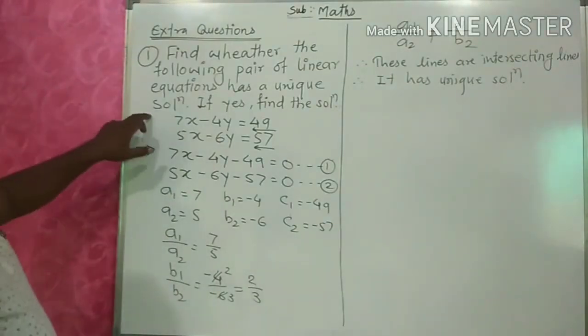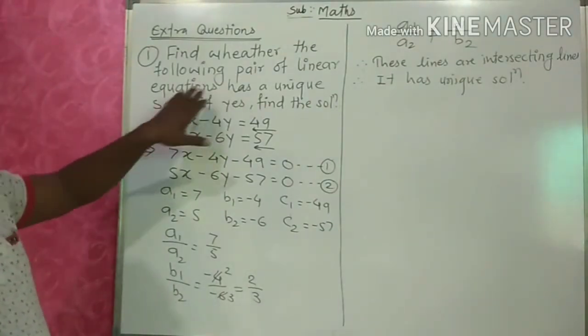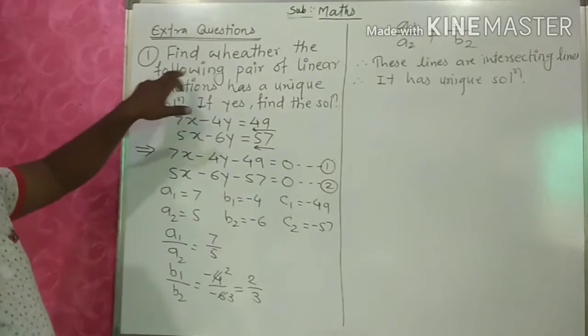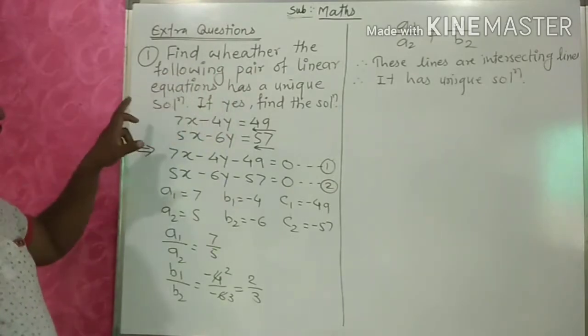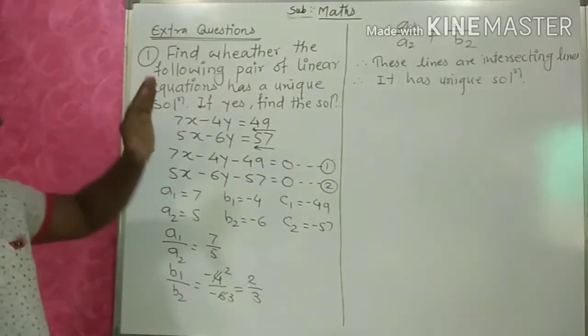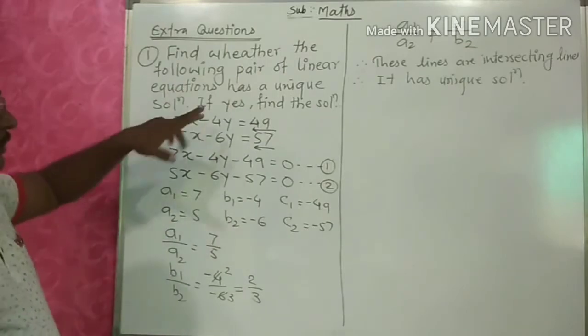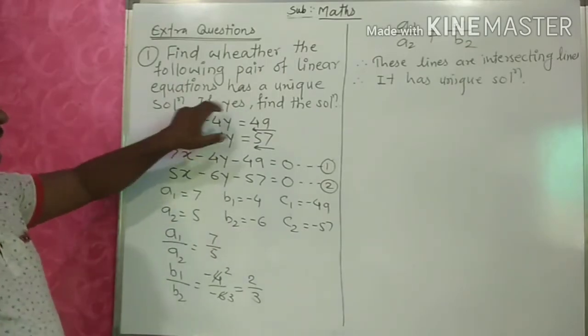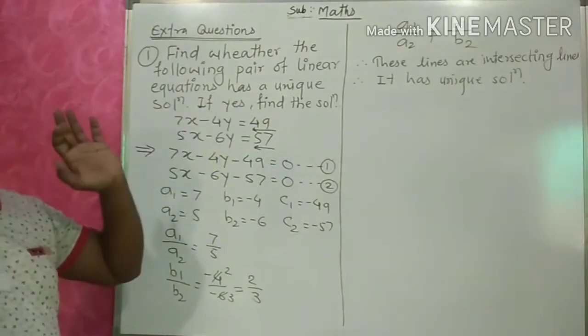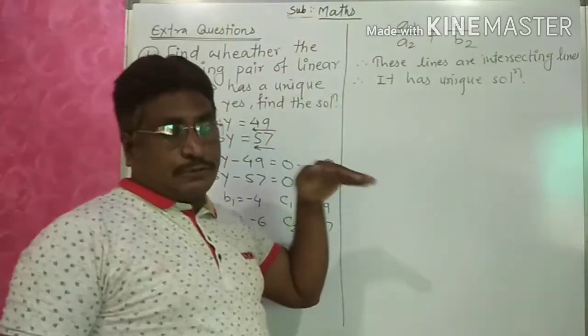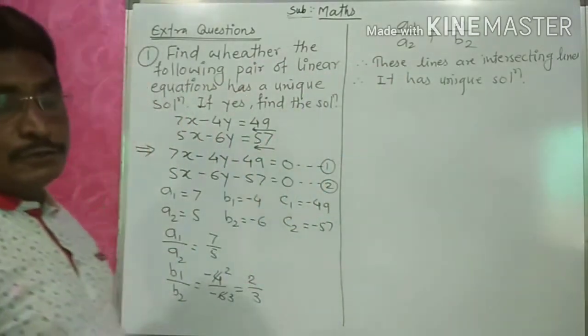So the first question's answer: whether the following pair of linear equations has a unique solution. We decided it has a unique solution. Now the second question: if yes, find the solution. If it has a unique solution, then find the solution.